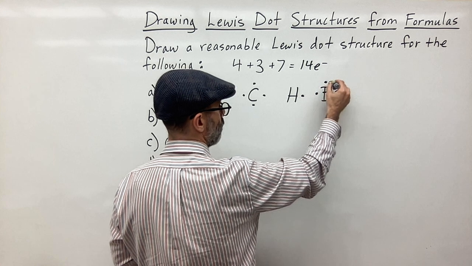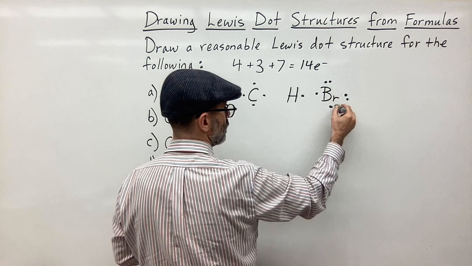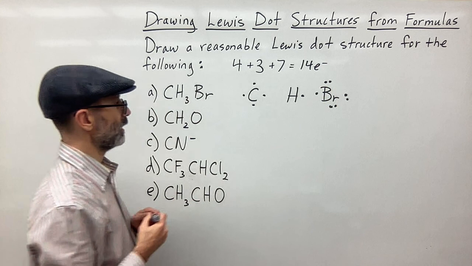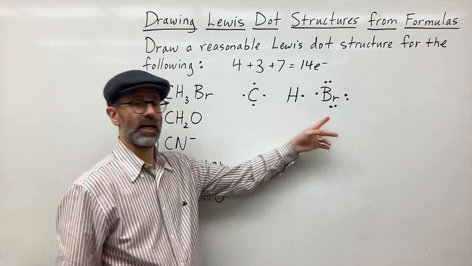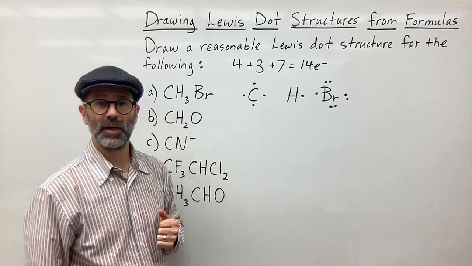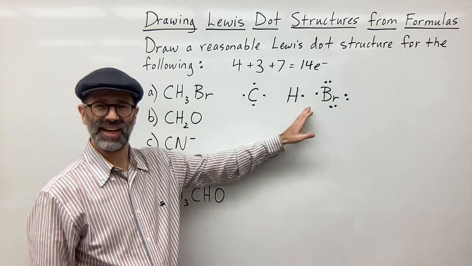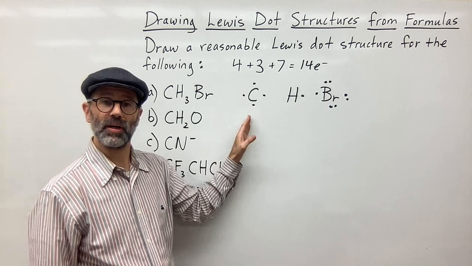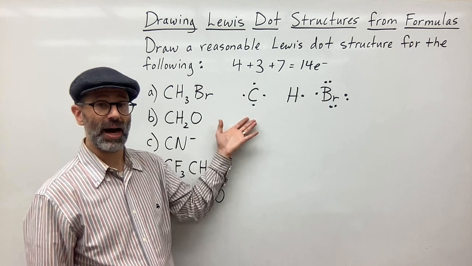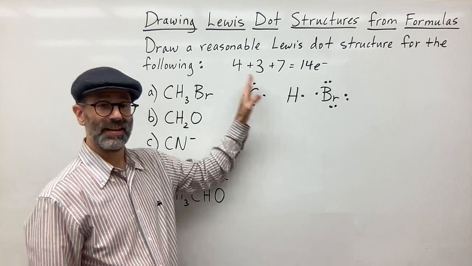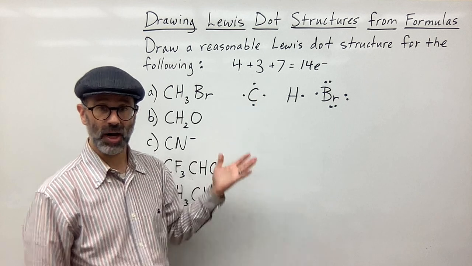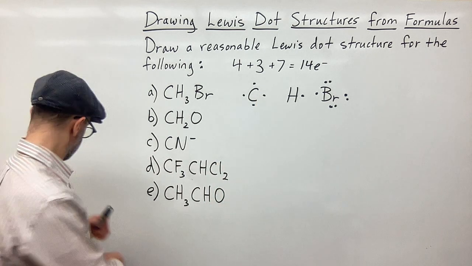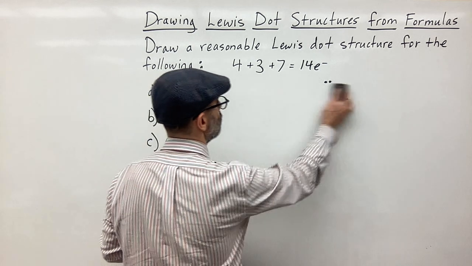Now I'm going to pair up 5, 6, 7. Looking at this, both the hydrogen and the bromine only have 1 unpaired electron, so they're likely to only bond once. Carbon has 4 unpaired electrons, so that's going to bond 4 times. So again, carbon is going to be our central atom here.